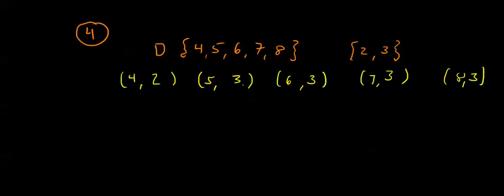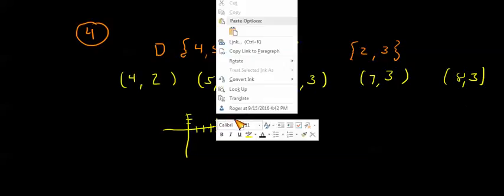When x is 5, it's either 2 or 3, 6, 2 or 3, 7, 2 or 3. So there's never a case where you have x is 1, 2, 3, 4, and y is 1, 2, 3. I never have the ordered pair 4, 2, and 4.